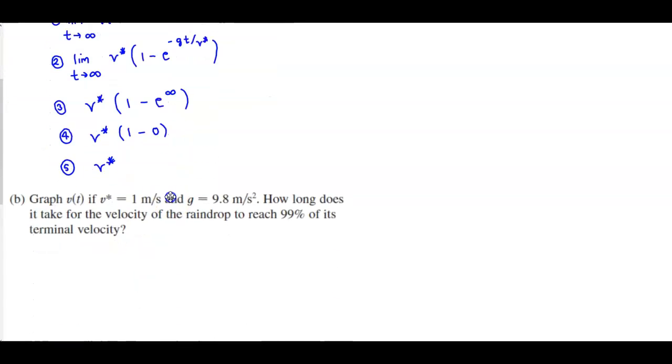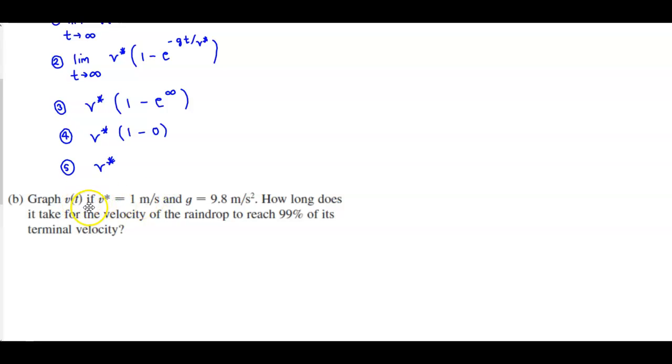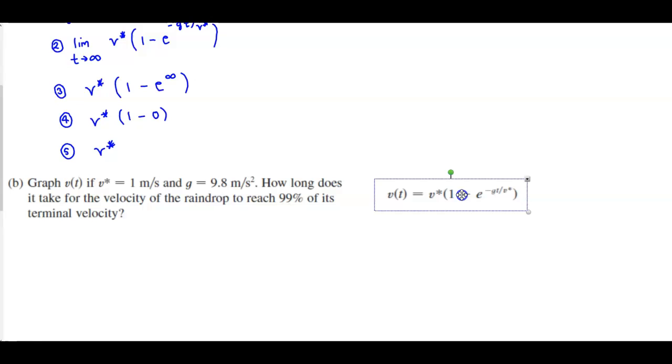Okay, now we want to graph v of t if the terminal velocity is 1 meter per second and gravity is 9.8 meters per second squared. How long does it take for the velocity of the raindrop to reach 99% of its terminal velocity? Well, let's recall what that function looks like. For the first part, we're going to have two different functions. The first function is where the terminal velocity is 1 meter per second and gravity is 9.8 meters per second squared.